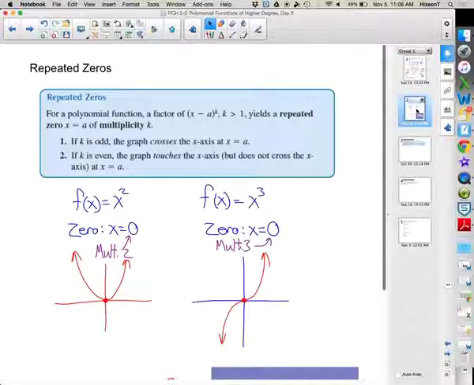When I have an odd multiplicity, notice again I go through the point, but because it's a multiplicity of 3, it kind of levels off a little bit and then goes through the point. Okay? Yes? Could it sort of be considered like the 2 points are like invisibly doing a curve? Kinda, you could think of it that way.